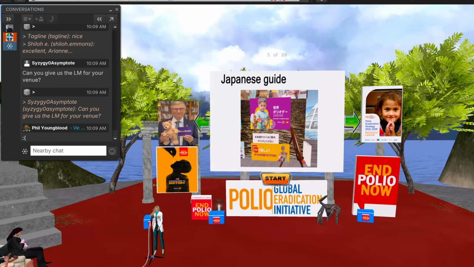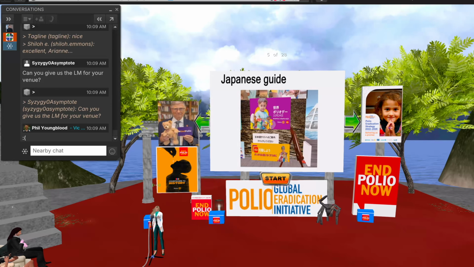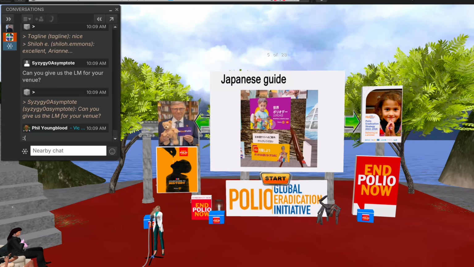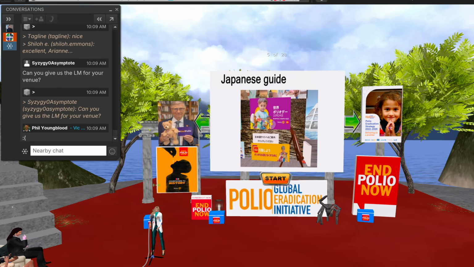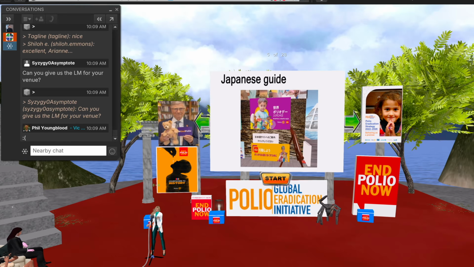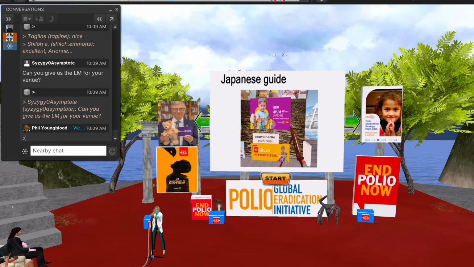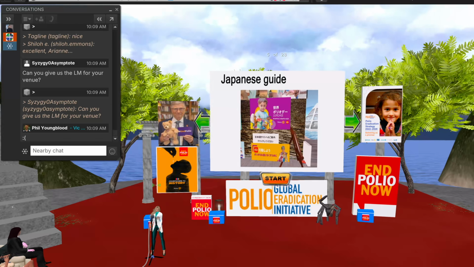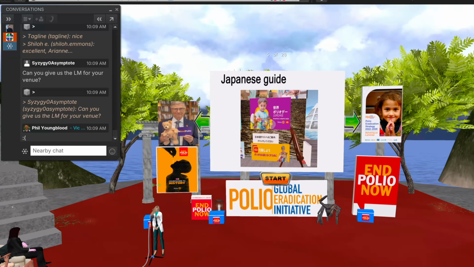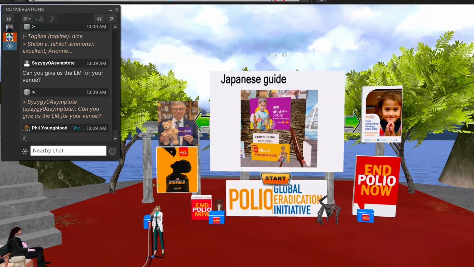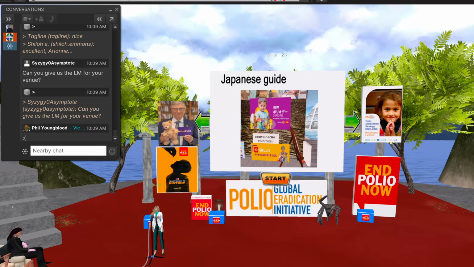In addition to these national partners, several key international organizations remain central to the eradication effort. These include the World Health Organization (WHO), UNICEF, Rotary International, the Bill and Melinda Gates Foundation, and Gavi, the Vaccine Alliance. Together, these partners continue to provide essential financial resources, technical expertise, and operational support to countries where polio transmission persists.